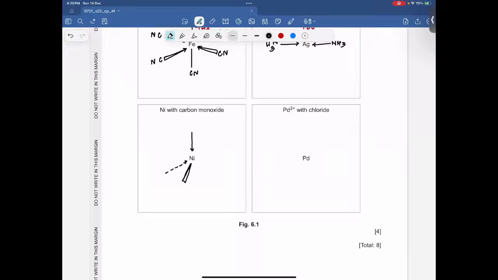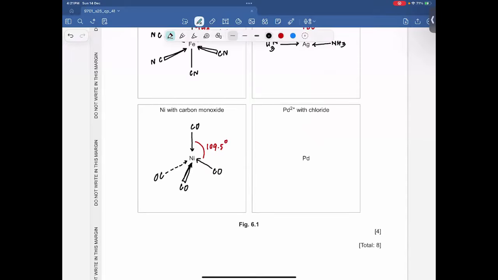The examiner is looking for the tetrahedral geometry. It's C, C, C, and this one is C. And again, the angle is 109.5 degrees.